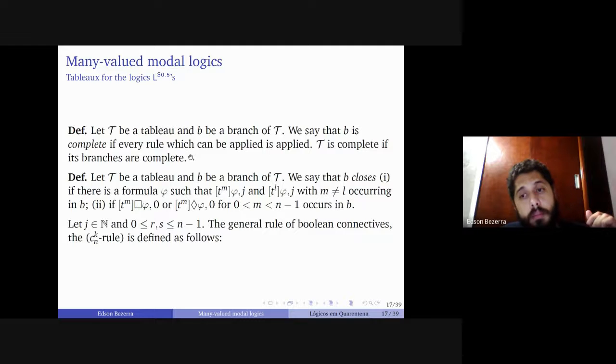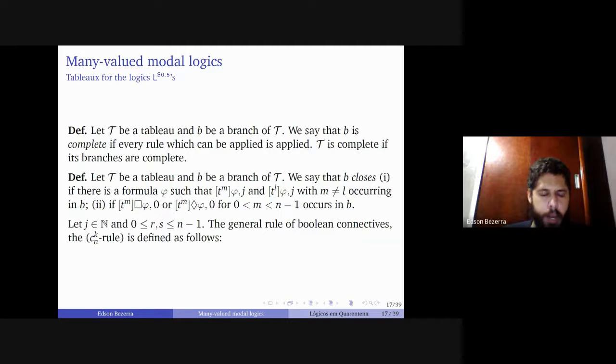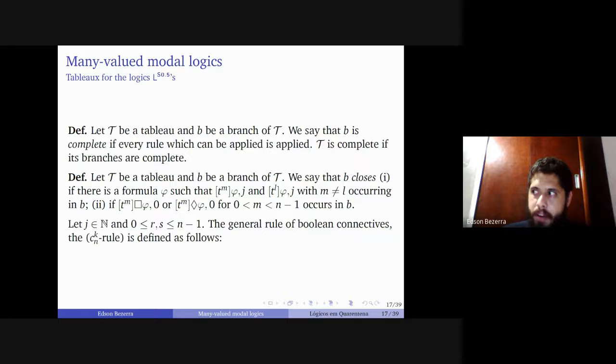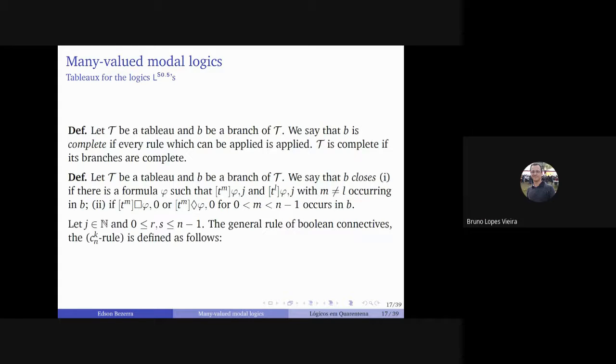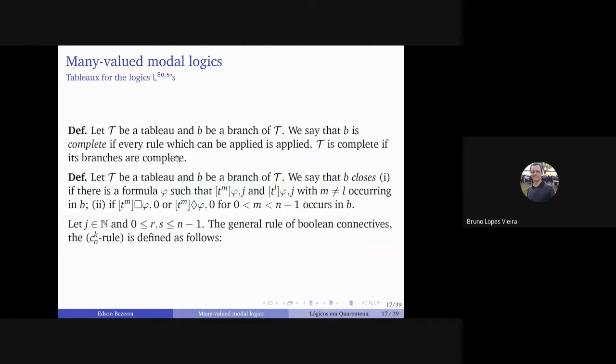any question? Yes. Is it not possible that some formula can be applied more than once? If you have every formula in the Tableau, every node can be applied only once? If you have, whenever you apply the rule, you expand the branches. Yes, but some rule can be applied twice? Well, yes. Because so if you have a branch that is complete, but it's also possible to apply rules in this branch that is also complete.